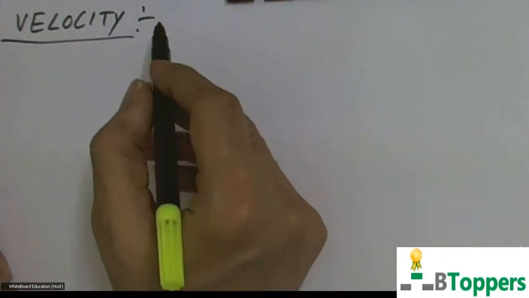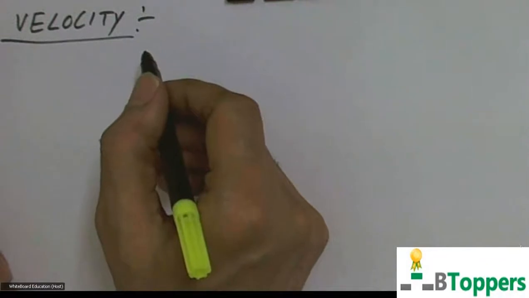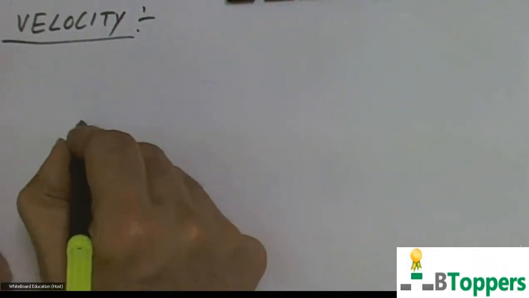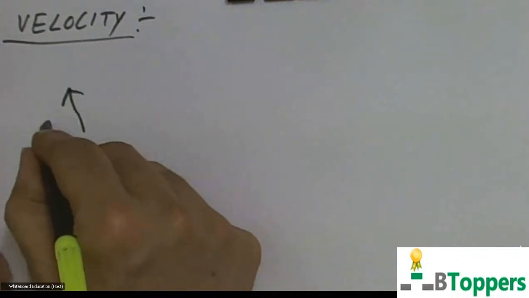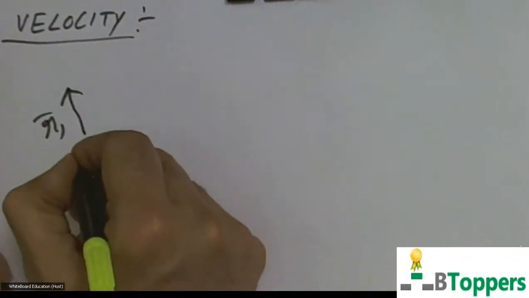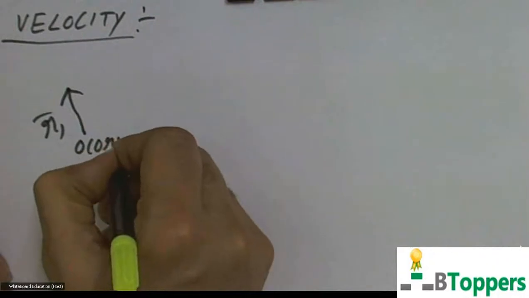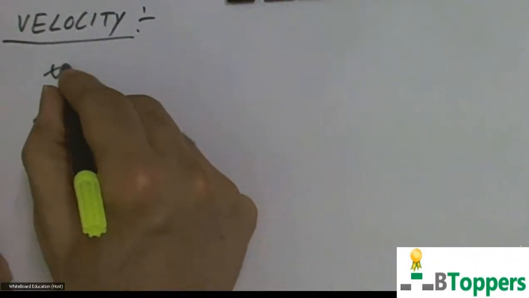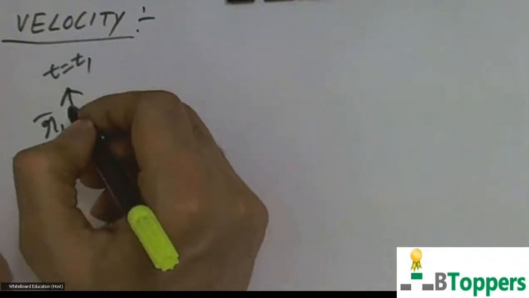Coming to the term average velocity, let us suppose r1 bar is the position vector of a particle with respect to a fixed origin of a coordinate system at a particular instant of time t equal to t1.